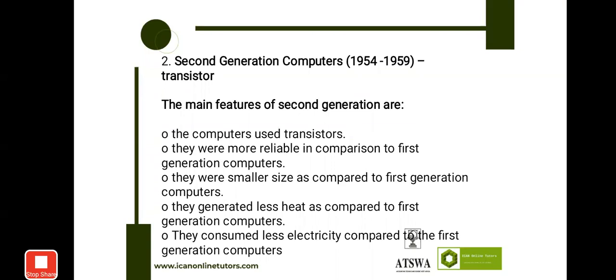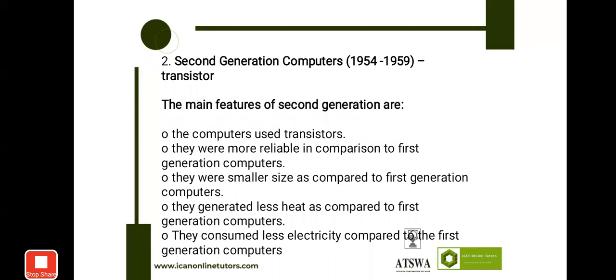So the second generation computers, 1954 to 1959, 5 years. The distinct feature was it had a transistor. So the main features of second generation computers are: the computers used transistors. They were more reliable in comparison to first generation computers. There was an improvement, an upgrade.